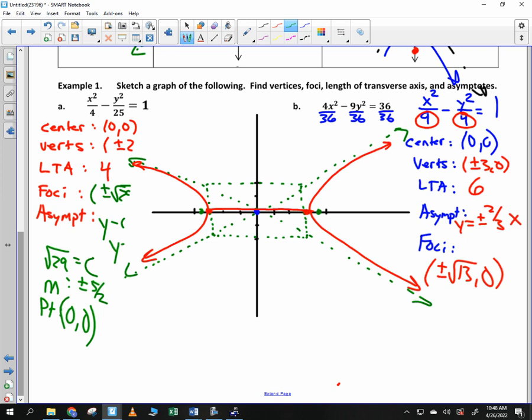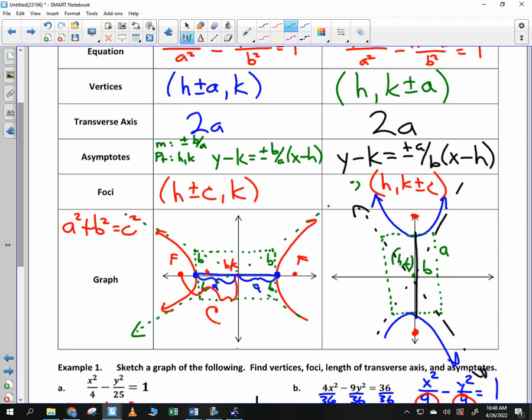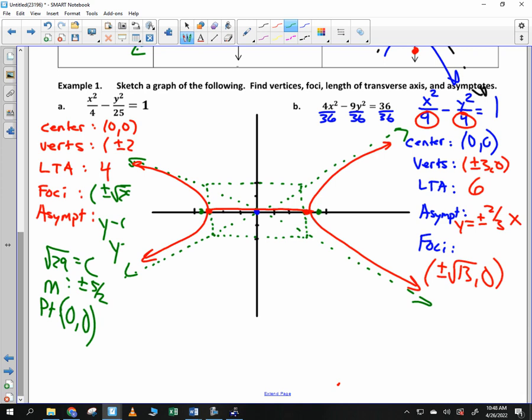Look at your box. What did you rise? I did a rise of 2. I did a run of 3. So when I do the problem, I don't look at A, B, H, K, all that stuff. I look at my drawing. I always know I can come up with the drawing, and from there I can figure everything else out.